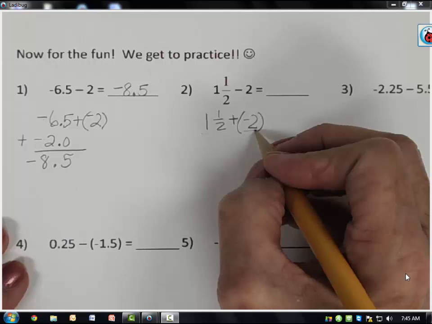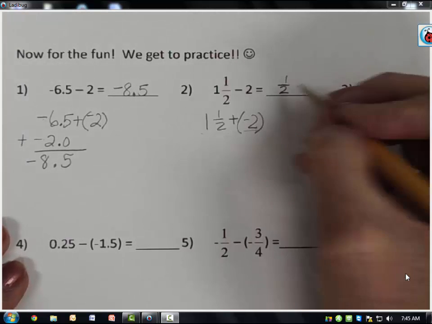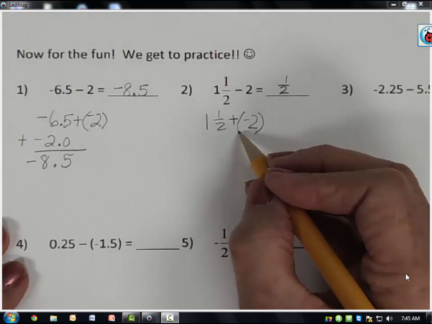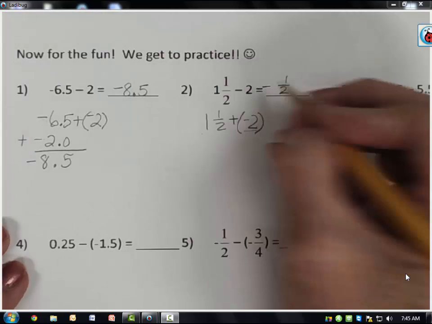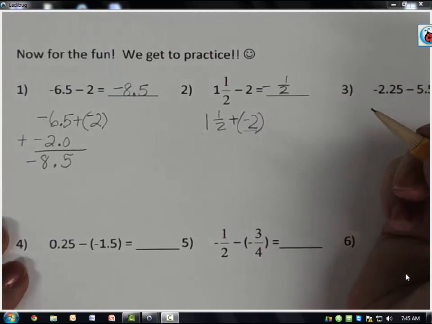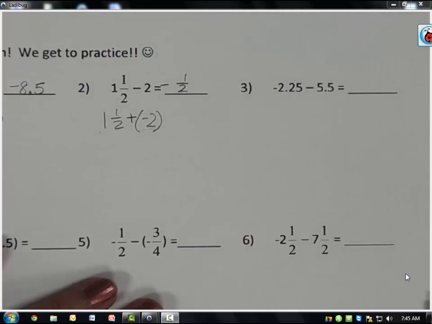That's right, it is 1/2. Which is bigger, the 1.5 or the 2? The 2 is. So we've got a negative 1/2. Number 3. Pause for a minute and rewrite that, and then go ahead and line up the decimals and do your problem.